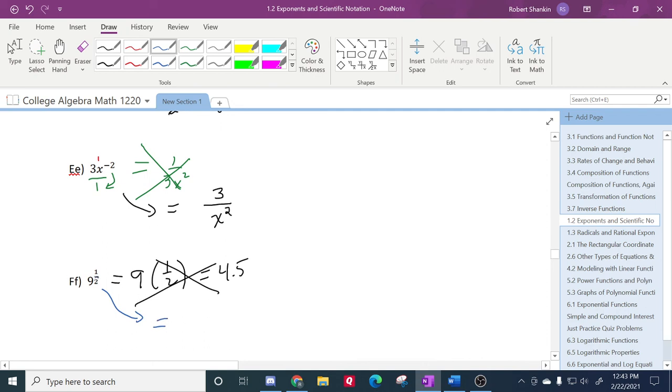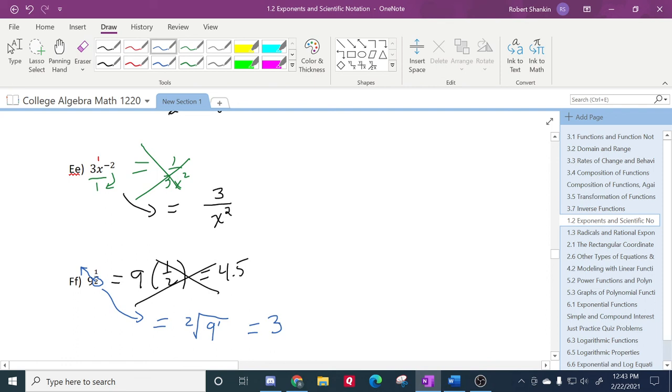Turns out the bottom number comes out as the root. Top number stays as the exponent. So it's the square root of 9, which is 3.